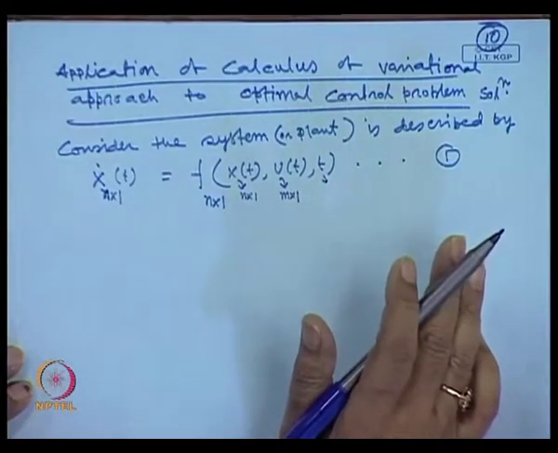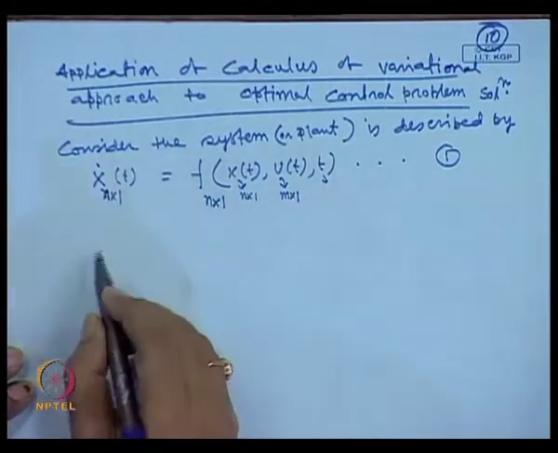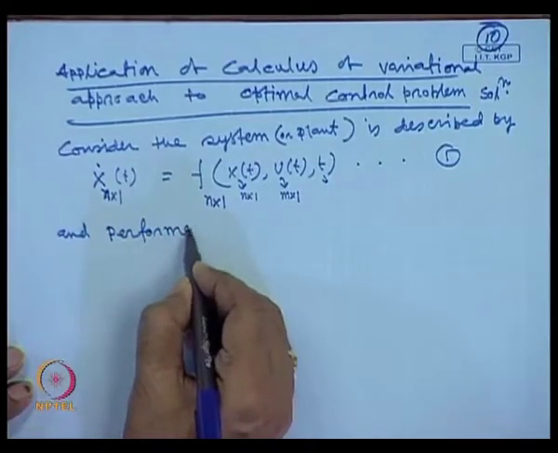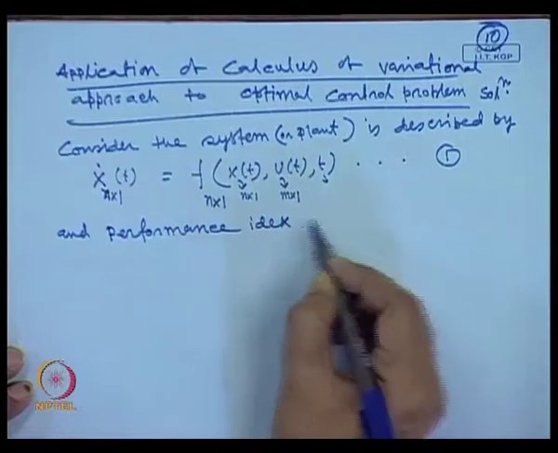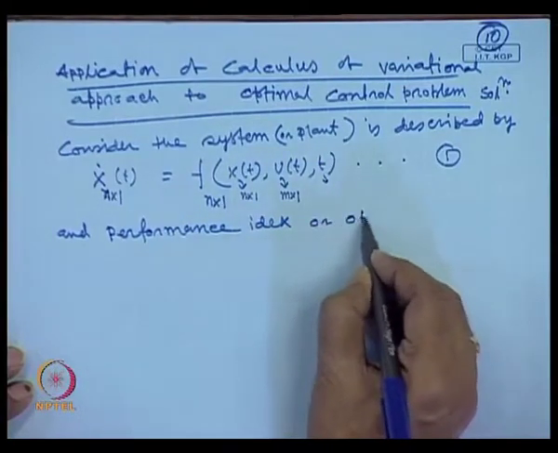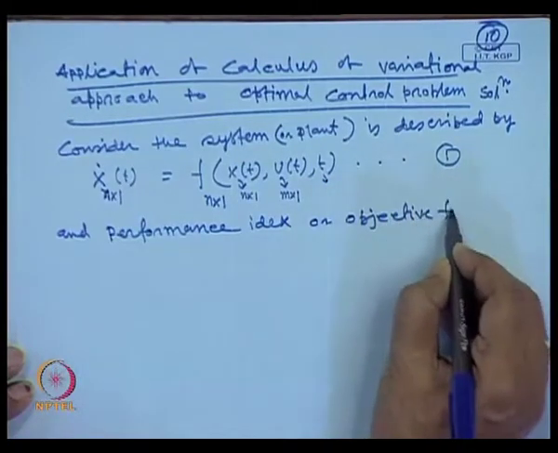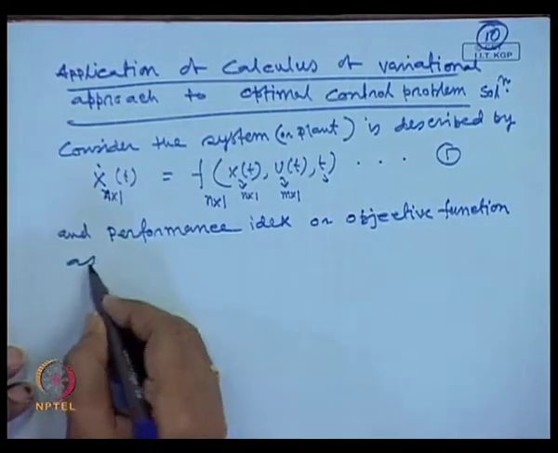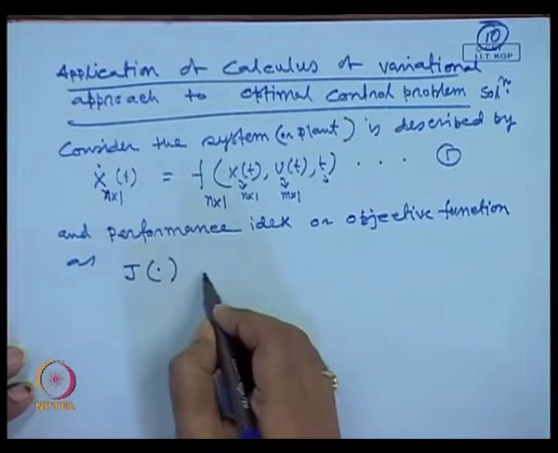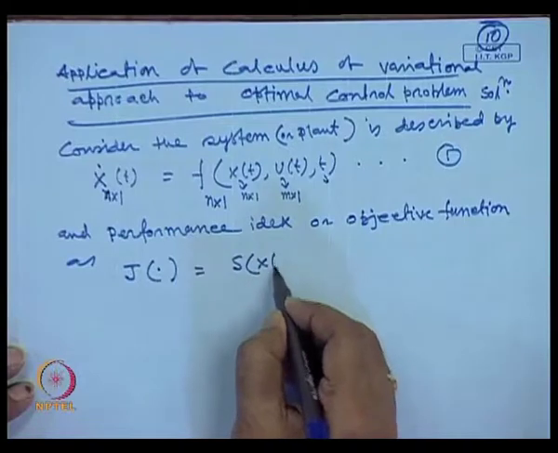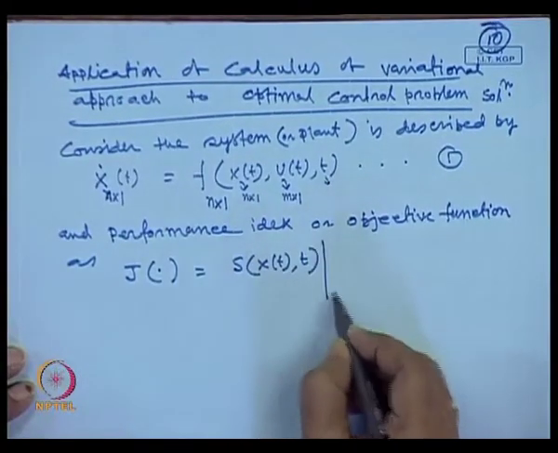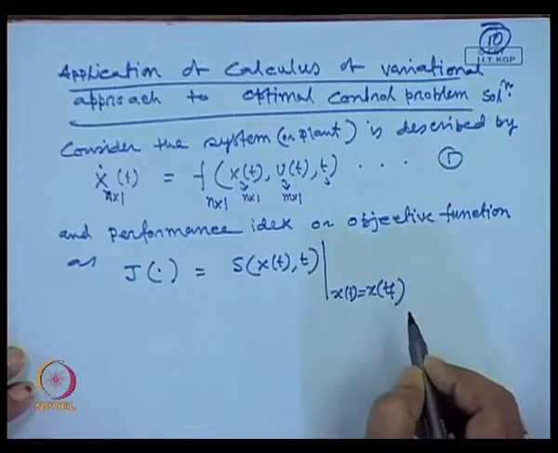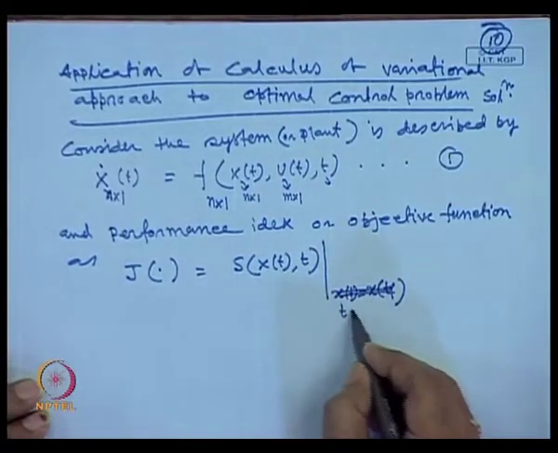So, our problem is to find, with the corresponding performance index or objective function, J is equal to S, a function of x(t) and t, at t is equal to T f, the terminal time.